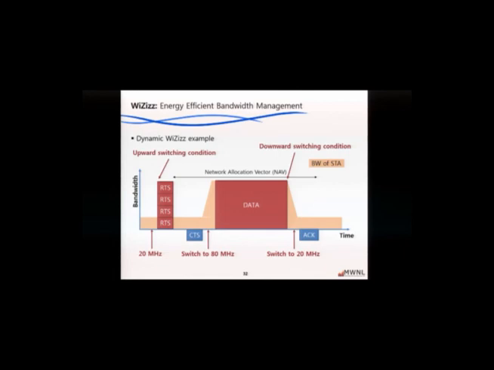Okay? What about the power to switch between the channels? The power that the device uses to switch between the 20 megahertz channel and the 160 megahertz channel. I mean, the overhead to switch the channel. You mean the overhead to switch in terms of energy or time? Energy. Well, it's not that much.